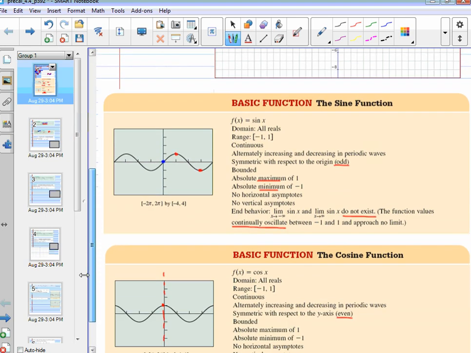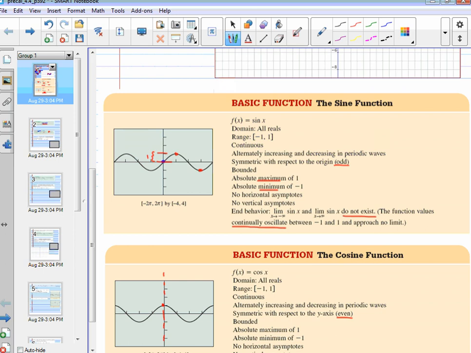These are 1 times the sine of x. The amplitude is 1. The amplitude of a wave is defined from the equilibrium position to the maximum, or equilibrium position to the minimum. Both of those are a distance of 1.